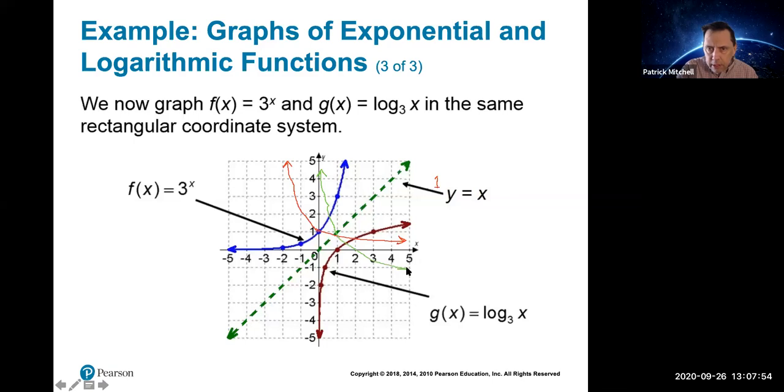That's supposed to go through the point 1, 0. Okay, something like that. Okay, so that is a decreasing function.